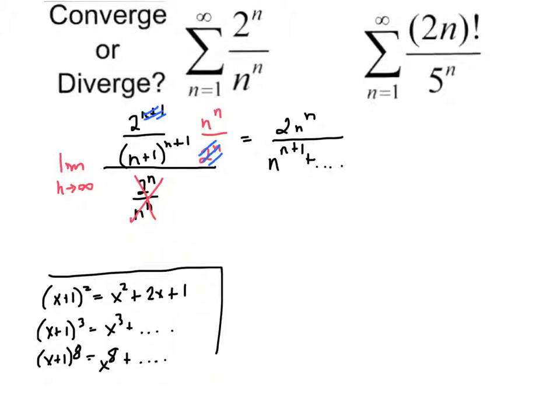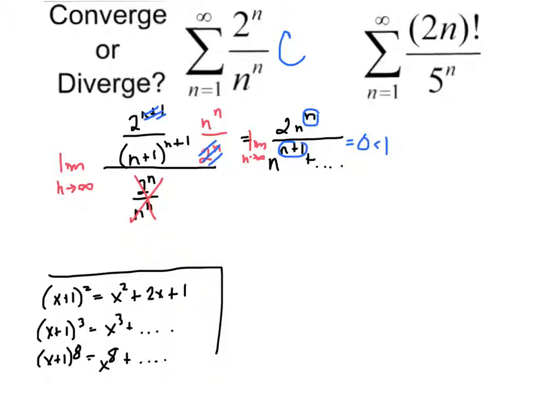The highest power is that n plus first power. So as we take the limit as n goes to infinity of this, you'll see now that we've got an nth power on the top, we've got an n plus first power on the bottom, higher powers on the bottom, so the limit is 0. 0 is obviously less than 1, so this converges. Okay.